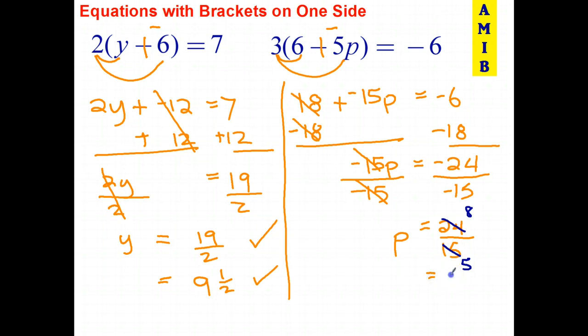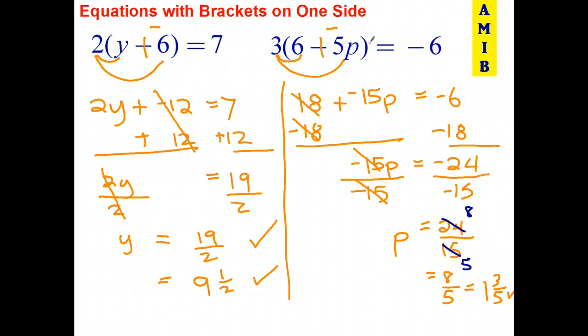And that ends up being 8 over 5, or if you prefer mixed numbers, 1 3/5. Once again, it's too difficult to substitute that into there and find out if the equation works. So just to check it, work through the steps a second time, or if you have a calculator, substitute 8/5 in for p and check it that way.